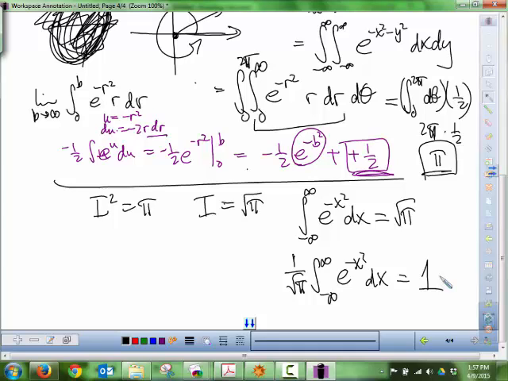Okay? So that was one of the big achievements in math in trying to establish the standard normal distribution. And it's based on trying to do this, if you want to do this by hand, it's based on knowing information about double integrals and polar coordinates. Okay? Your last problem in the polar coordinate section has something to do with this. All right, I think that's it.